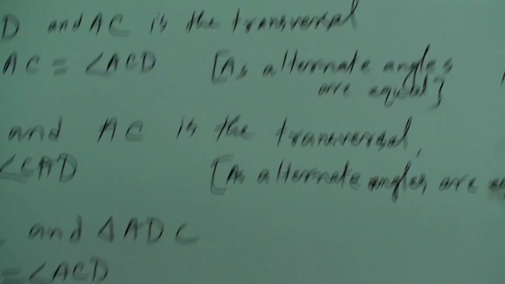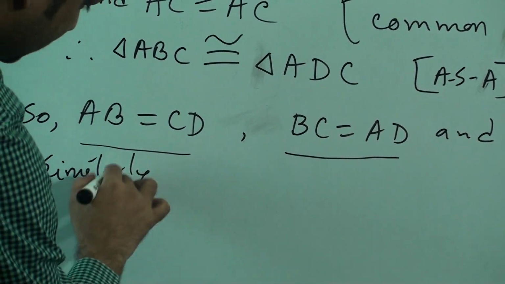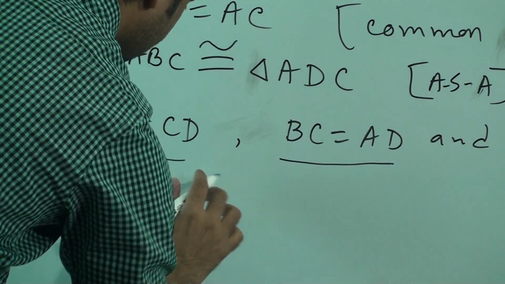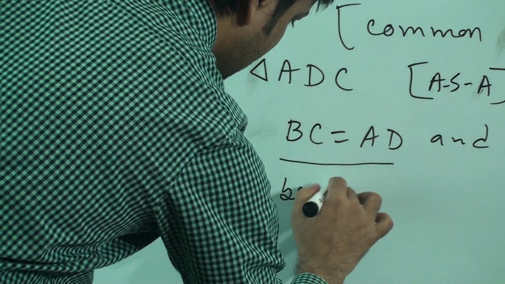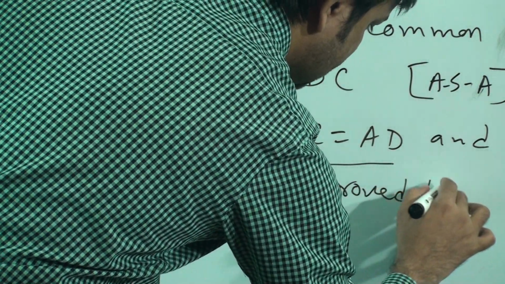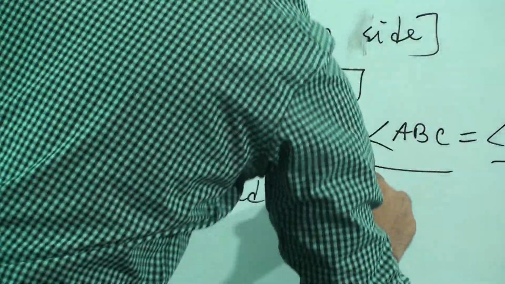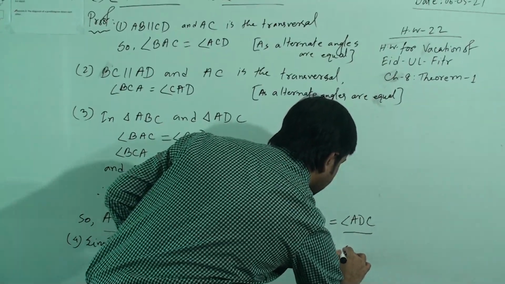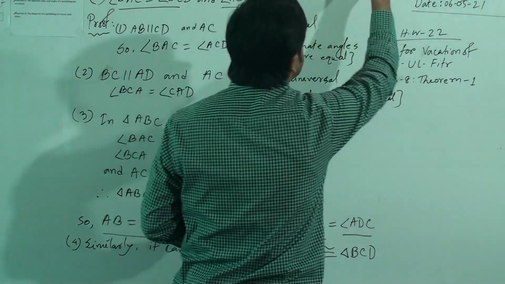So step 4, similarly, it can be proved that triangle ABD is congruent to triangle BCD.